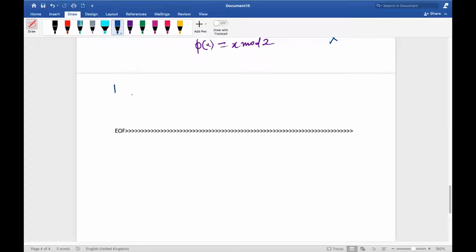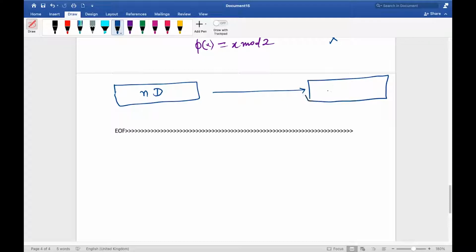So again, I'm repeating. For example, let's say in lower dimensions, this is ND, which can be 1D, 2D, 3D, 4D, 5D, and it is non-separable, then I can just go to higher dimensions, n plus 1, n plus 2, n plus 3.